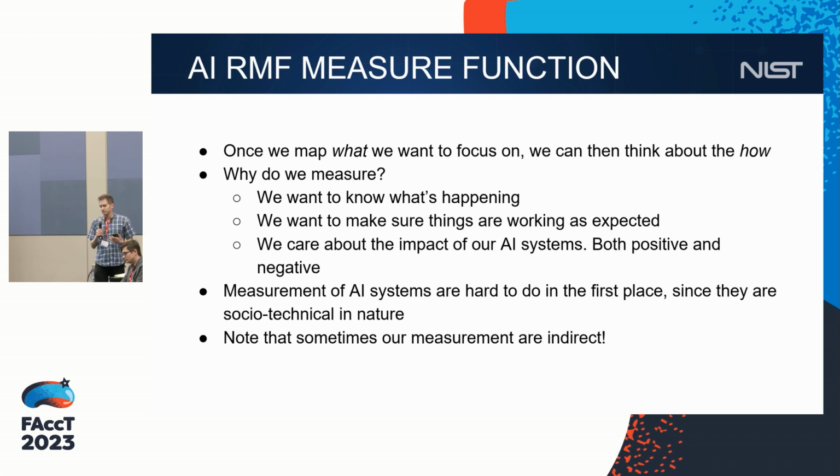Oftentimes in your organization, after you start measuring things, the things you can measure become the focus or the goal of your organization. So you may try to improve on those metrics. The risk of that is that what you cannot measure, the organization cannot see anymore. And so that's why it's always important to be mindful of that and to be documenting this.